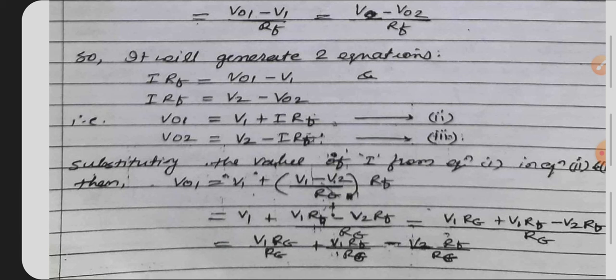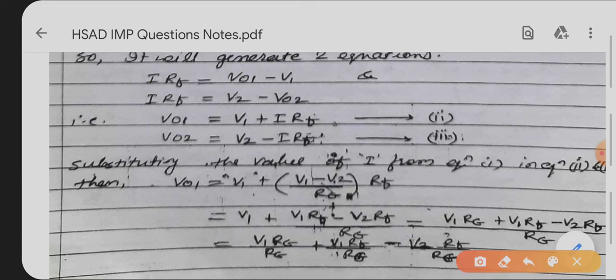Here RF has the same value. These two equations are obtained by referring to the circuit diagram and applying the virtual short concept, and you can refer to the notes. You can read it carefully. You will understand it. It is very simple.